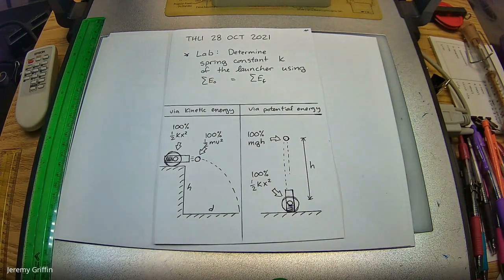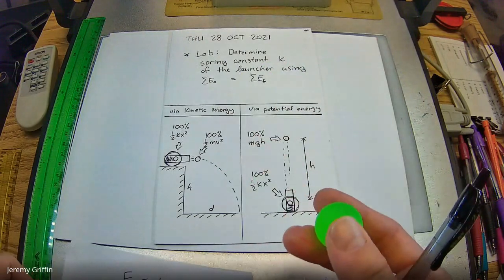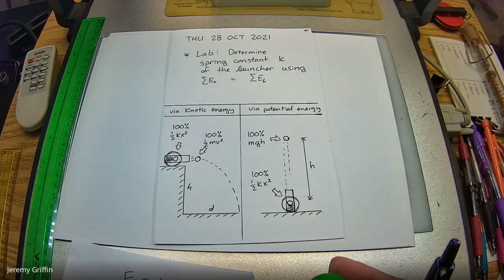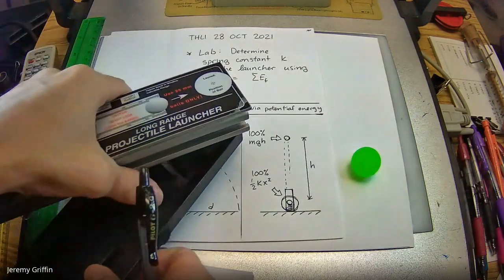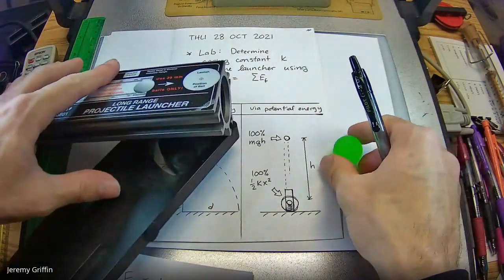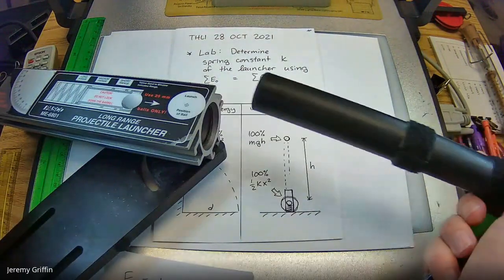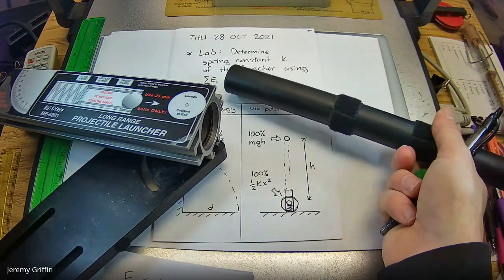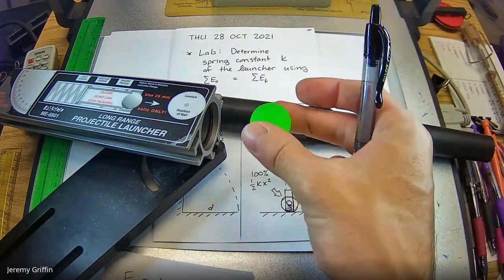Okay. Now, before we head out there, I'll tell you guys a couple of tidbits. Speaking of this ball, there's a really important experimental detail I have to tell you guys about. These are different balls than before. And what I told you guys to do before is to put the ball in and then ramrod it in. Don't do that this time because this bouncy ball will get jammed in there and it's really hard to get out.